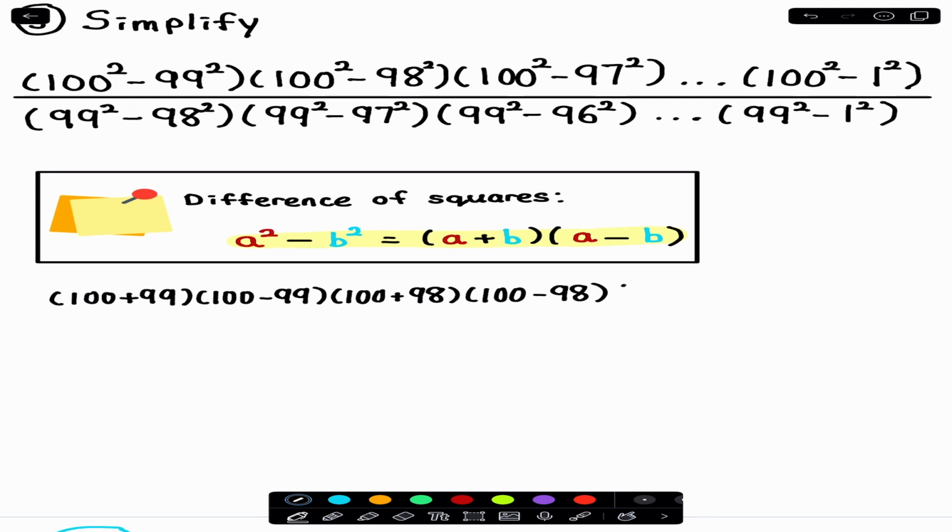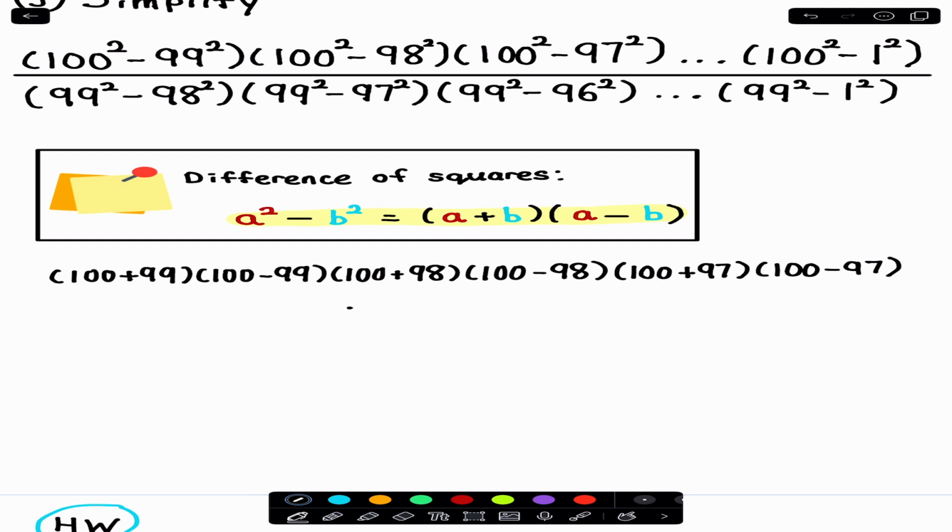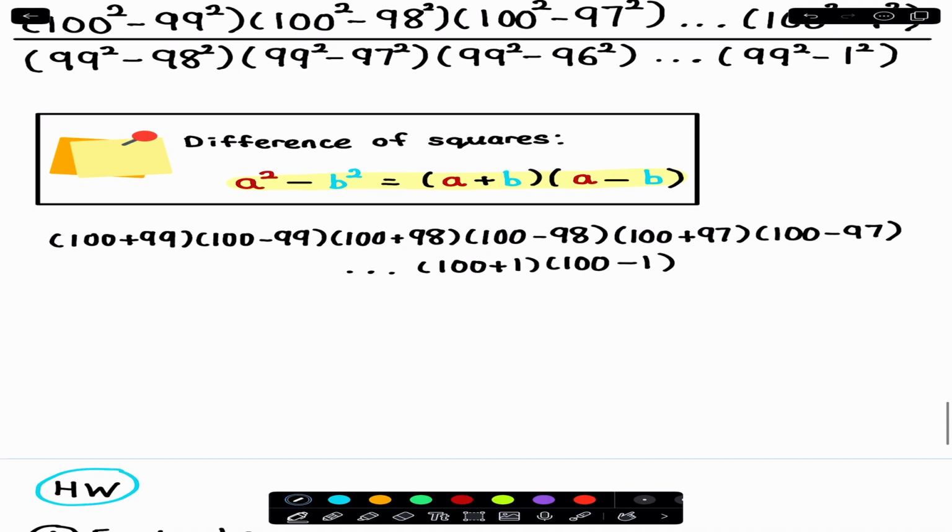The third term can be rewritten as this. And this would continue to 100 plus 1 times 100 minus 1. So that's 100 squared minus 1 squared, just written in the useful difference of squares form.